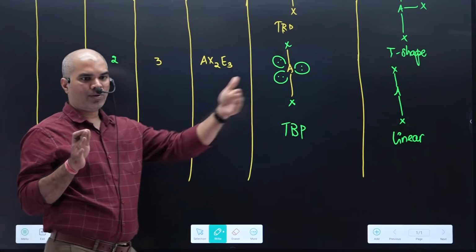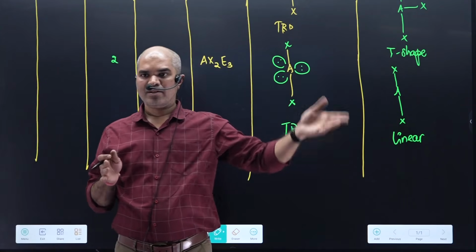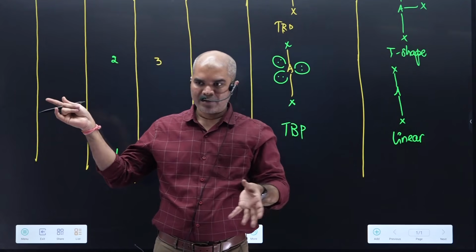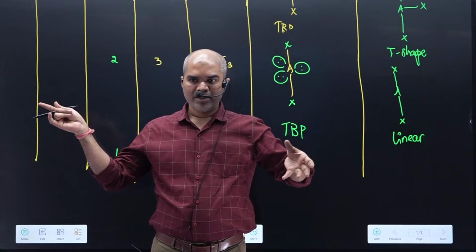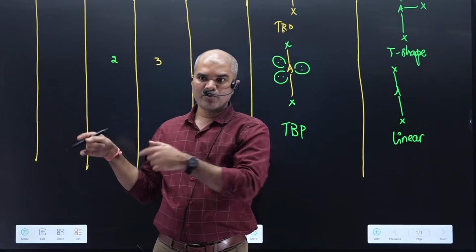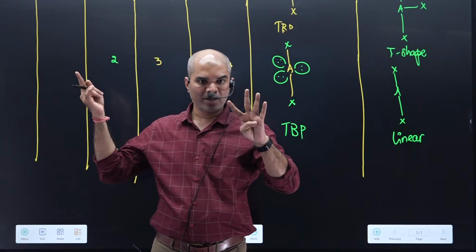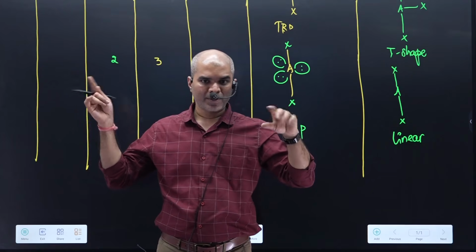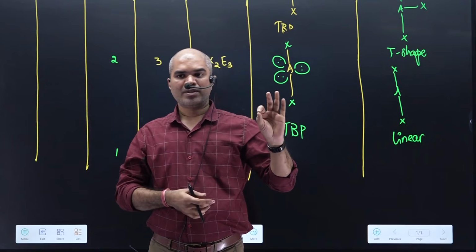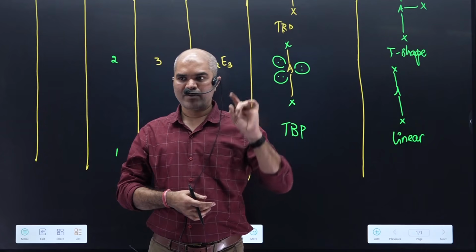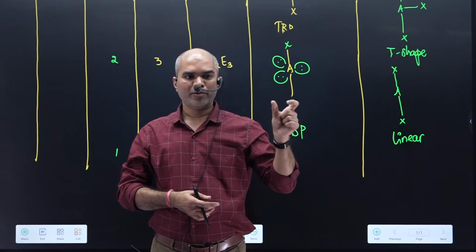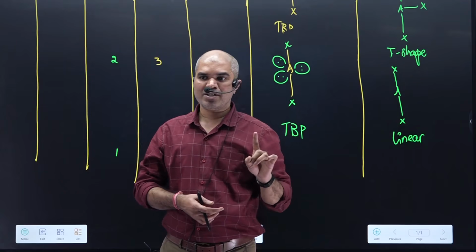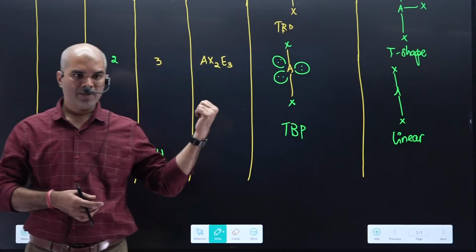No. When I go to chlorine, how many valence electrons are there? 7. Out of those 7, if 1 is participating in bonding, the remaining 6 are 3 lone pairs, non-bonding. But if I want to go for 1,4 combination, 4 lone pairs I have to put, 1 bond pair I have to put, it means 9 electrons should be present. Do you have 9 electrons in main group? No. Transition groups are not included in VSEPR, because when VSEPR was started, it was intended for main group elements only, not for transition group compounds. Why not for transition group compounds, we'll explain later after the examples.